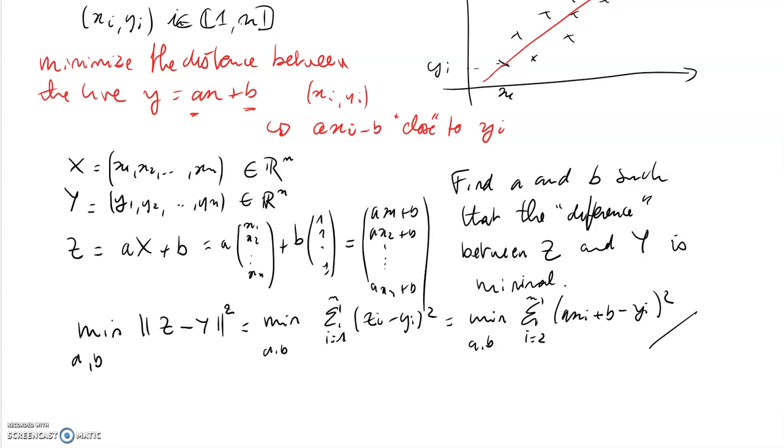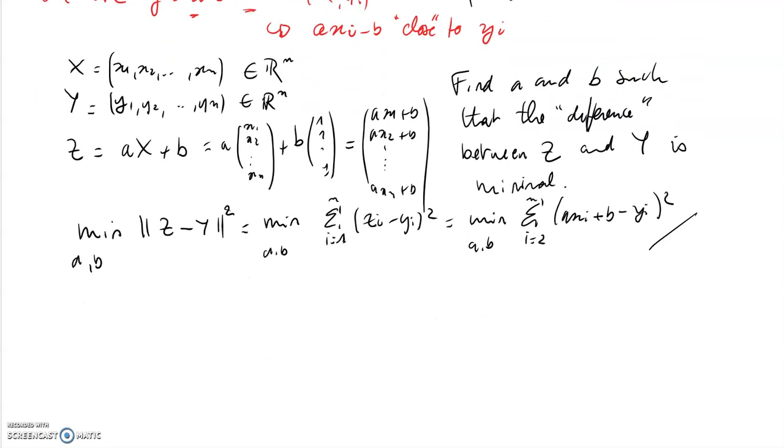So let's do some linear space, orthogonal projection interpretation of this problem now. Let's observe our Z. It's going to be equal to some coefficient a times vector x plus some coefficient b times this vector 1, 1, 1.